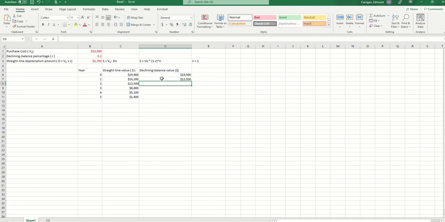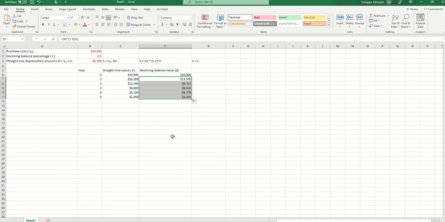I don't need to put the to the power of N, because N is equal to 1. If I wanted to, I'd have to type N somewhere and then put the 1 there and click on it. I can leave it out. So now we know already that we want to freeze that one. So let's come up and put our $ sign in there, and then we'll grab it and drag it down.